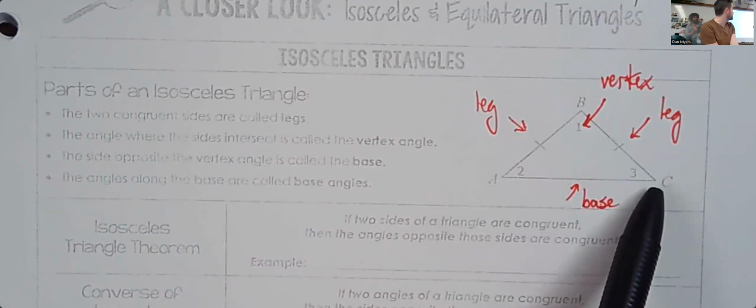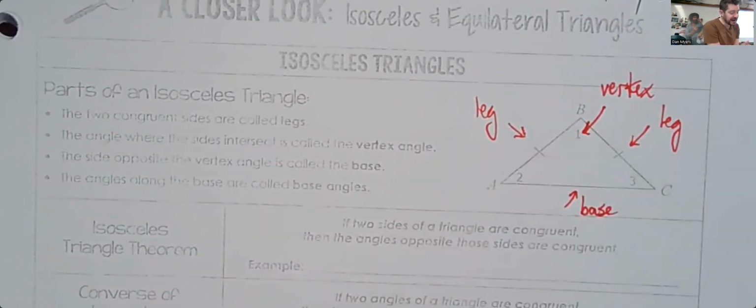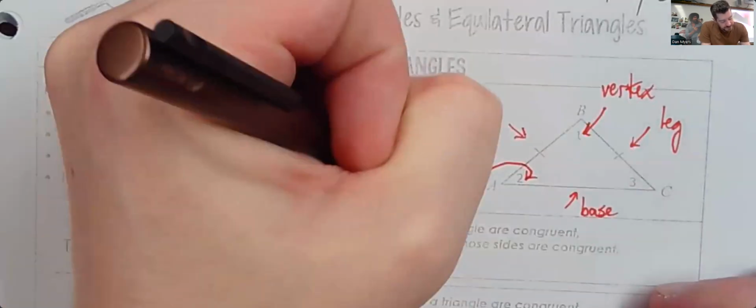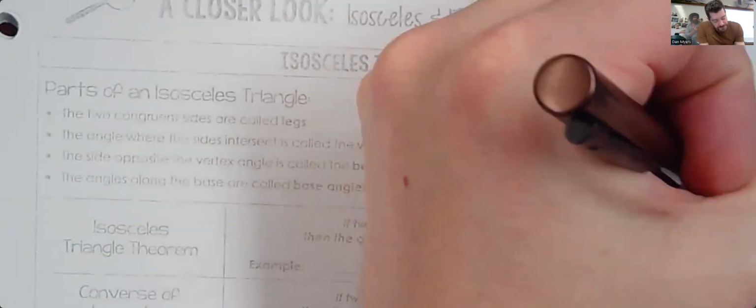Those are the sides. In terms of the angles, angle 1 is the vertex, and angles 2 and 3 are both base angles. So angle 2 is a base angle, and angle 3 is also a base angle.